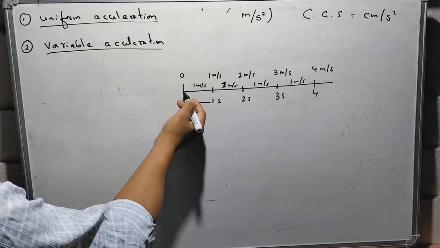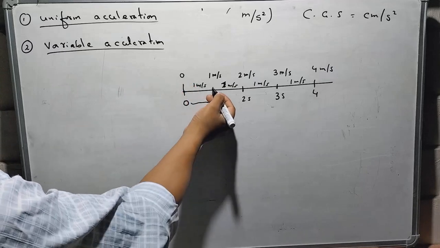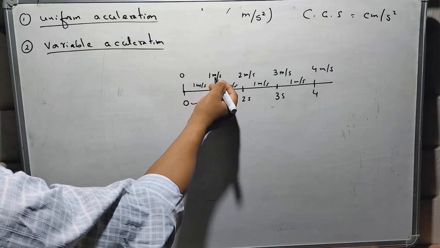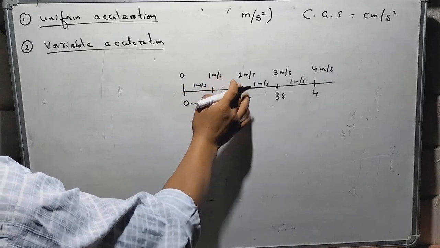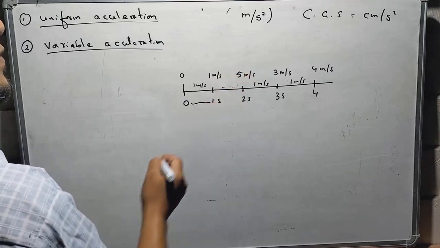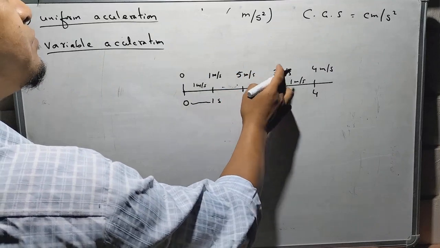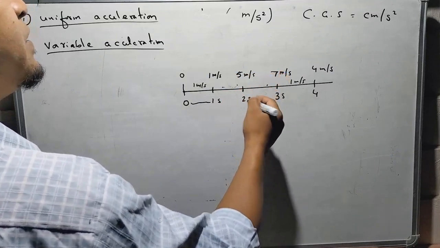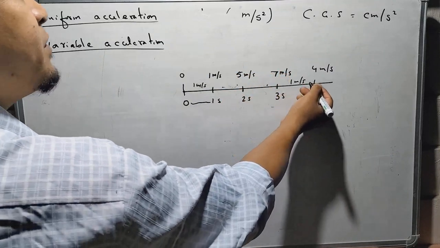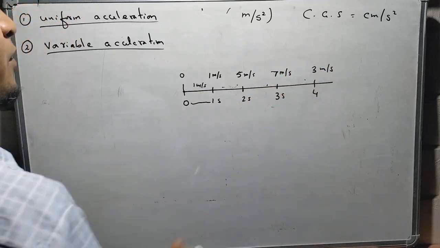For example, when the time is 0, let's say the velocity is 0. When the time is 1 second, the velocity is 1 meter per second. When the time is 2 seconds, let's say the velocity is 5 meter per second. When the time is 3, let's say the velocity is 7 meter per second. When the time is 4, let's say the velocity is 3 meter per second.